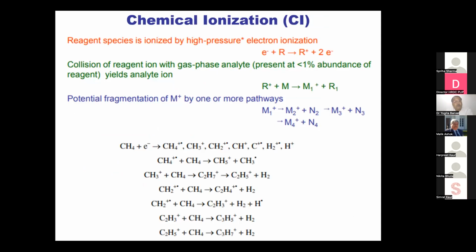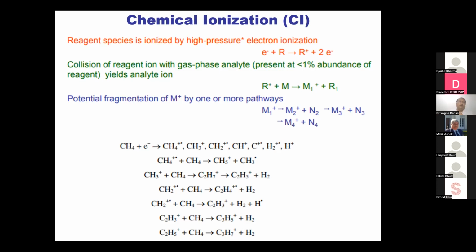Now, if our target is to identify the molecular ion only, and we don't want the molecule to fragment, then chemical ionization is an answer. Chemical ionization is a very soft technique, which produces ions not through collisions, but through chemical reactions. That's why it is called chemical ionization.